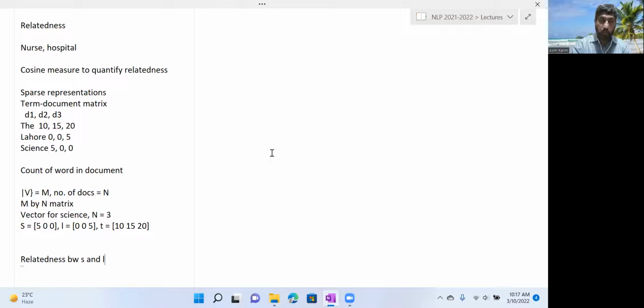You simply take the inner product of science with Lahore and then divide. Of course, this is normalized, not just the inner product. The cosine of the angle is divided by the length of Lahore and the length of science.